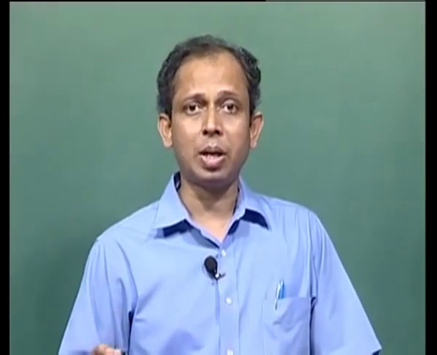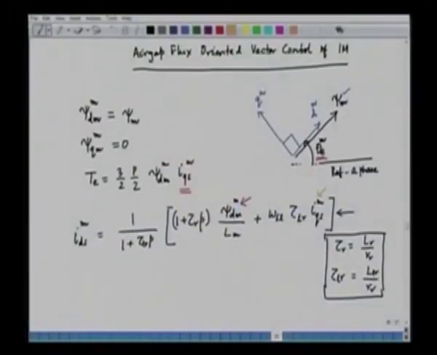So, although there is no inherent decoupling, because if you do not take care, suppose you keep this constant, let us say we do not vary this, and we go on changing IQS.